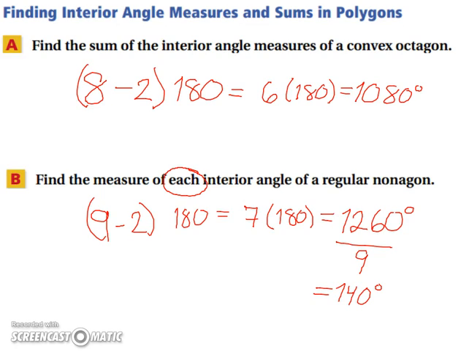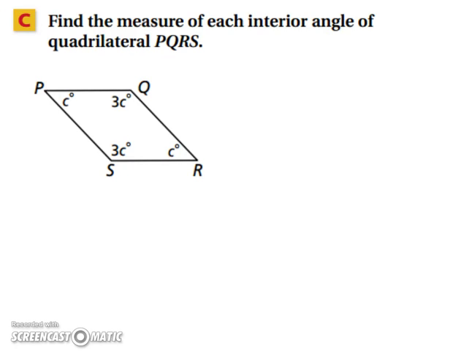You can do that with variables. Find the measure of each interior angle of quadrilateral PQRS. Well, you know that it's a quadrilateral, so a four-sided figure. The interior angles add up to 360 degrees. So C plus 3C plus 3C should equal 360 degrees.